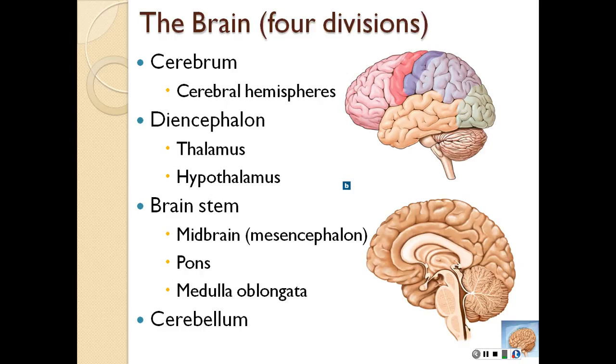You also have the brainstem, which we'll talk a little bit about. And my favorite part is the medulla oblongata. We'll talk about some of the functions there. And then the cerebellum. So the cerebrum, thalamus, hypothalamus, the brainstem, which includes the midbrain, pons, and medulla. And then you have the cerebellum.